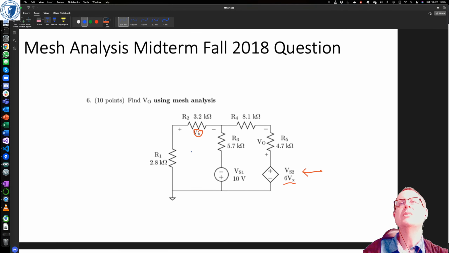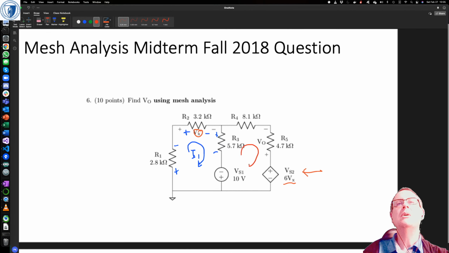So let's draw some mesh currents, and I'm just going to do my usual trick and have I1 going that way, and that means my polarities are like this, and I'm going to have I2 going that way, and that means my polarities are like this.